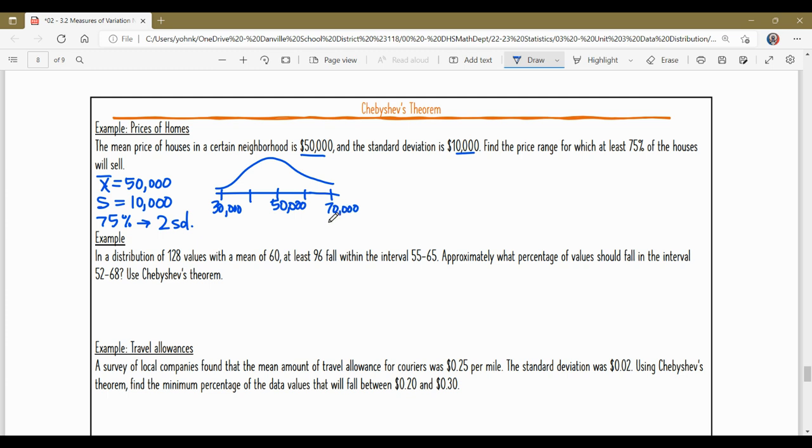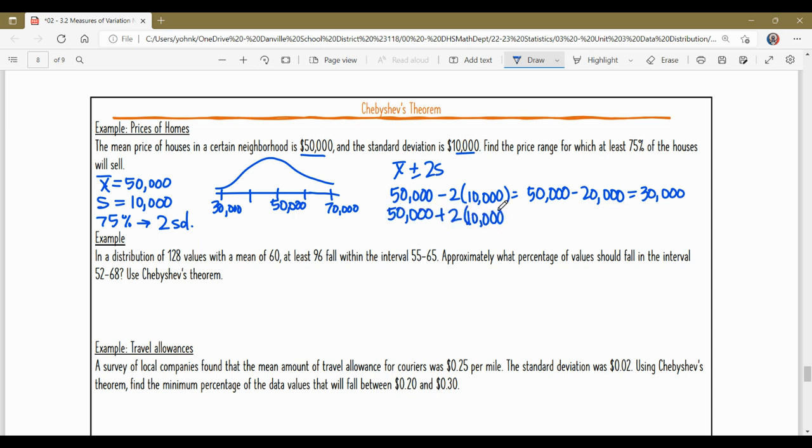The other way I can do this is I can start with the mean and I can plus or minus 2 standard deviations. So start with 50,000, subtract 2 standard deviations of 10,000 each. That's 50,000 minus 20,000. That gives you 30,000. To find the upper bound, I can take 50,000 and this time add 2 standard deviations of 10,000 apiece.